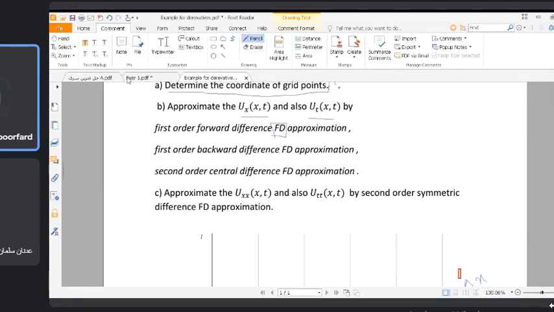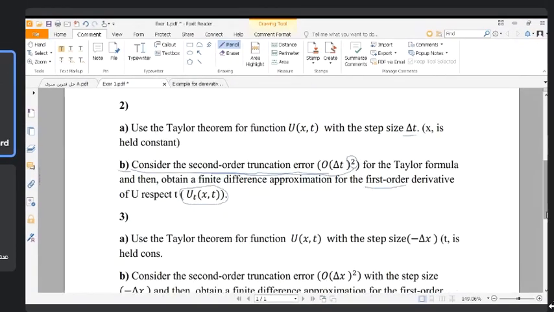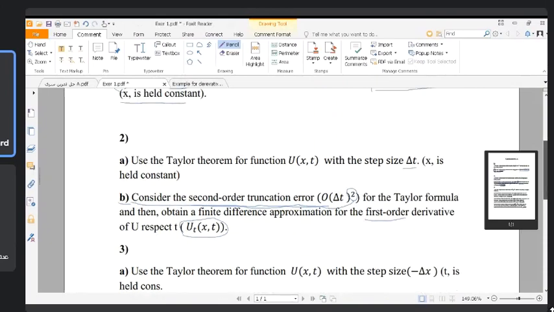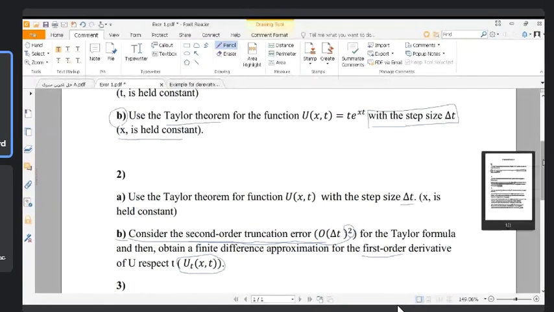This approximation formula, let me find the formula.